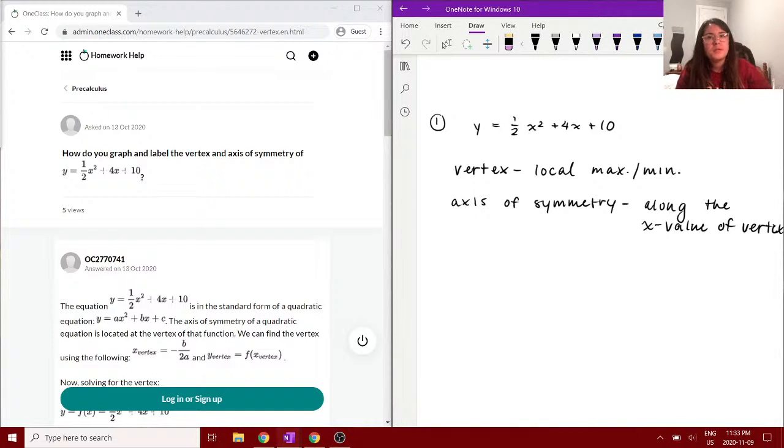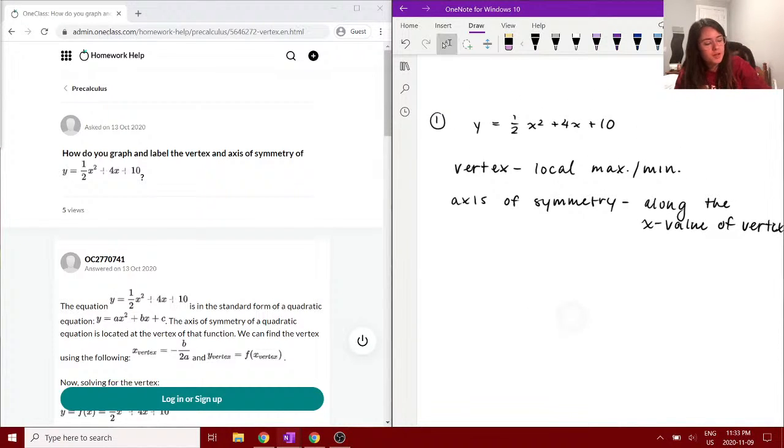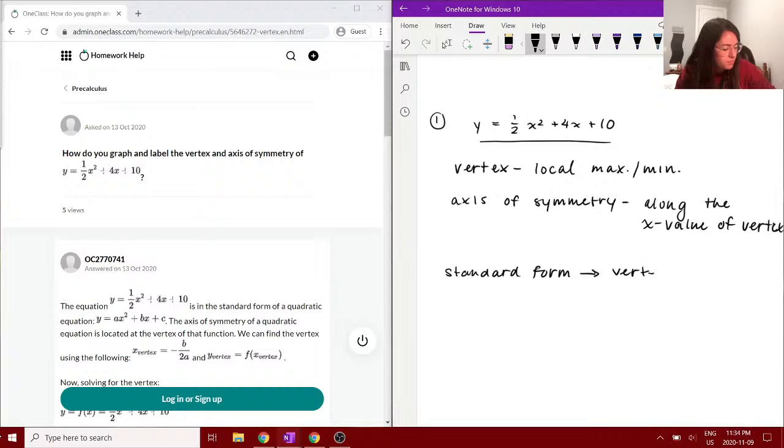Okay, so in order to find this information from this equation, what we're going to do is change the equation from standard form to vertex form.